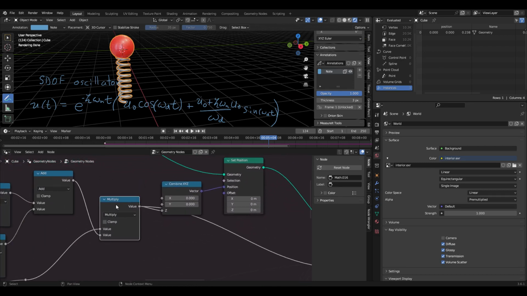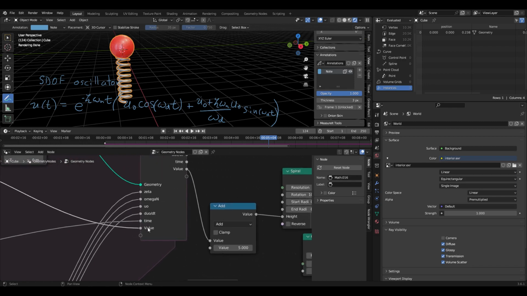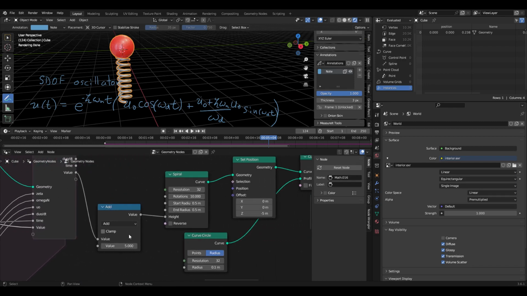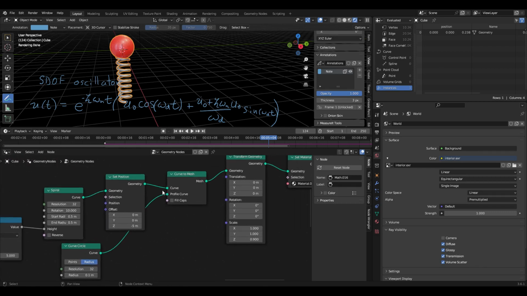And so I took that as a set position, and then did a curve to mesh, and on the curve to mesh I'm using a curve circle to create that spring-like diameter on that curve that defines it.